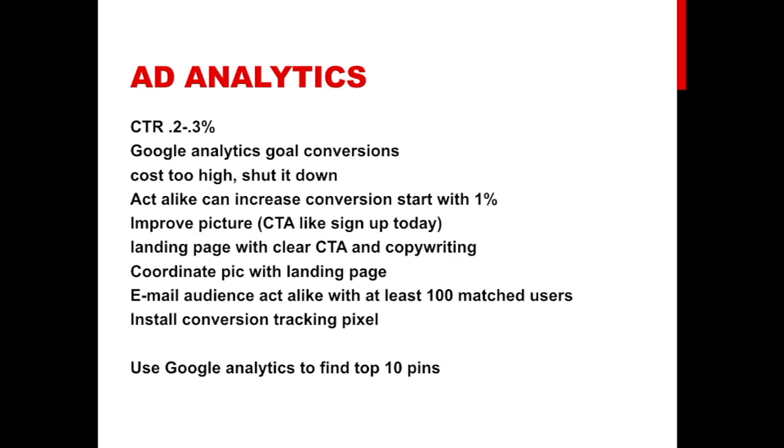You can set up goal conversions within your Google Analytics so you can track who is signing up for your opt-in and who's buying. If an ad costs too much, then go ahead and just shut it down. Or if you're doing a split test, then once you get the results, you can decide A or B, which one is working better, and shut the other one down, and then create a new split test.